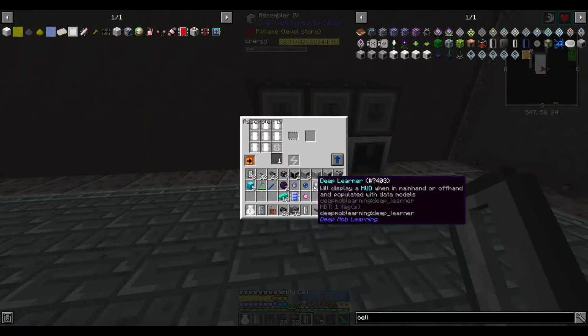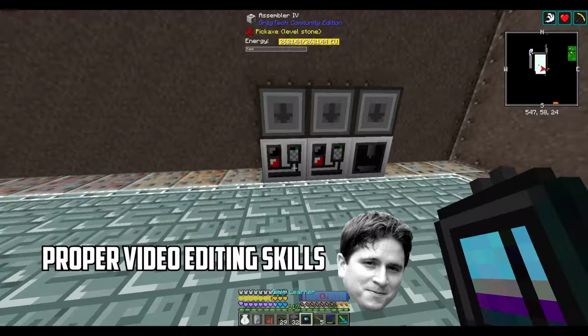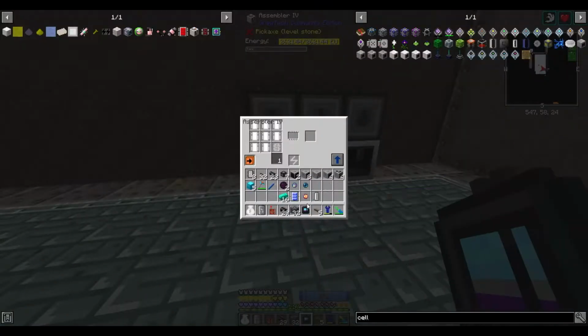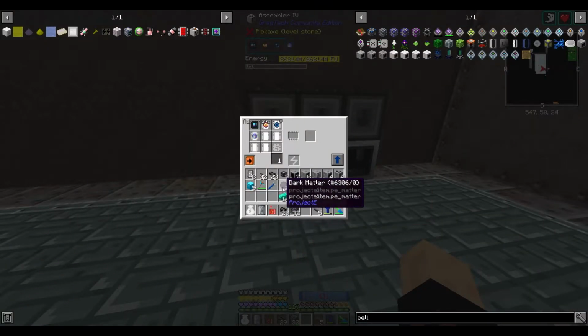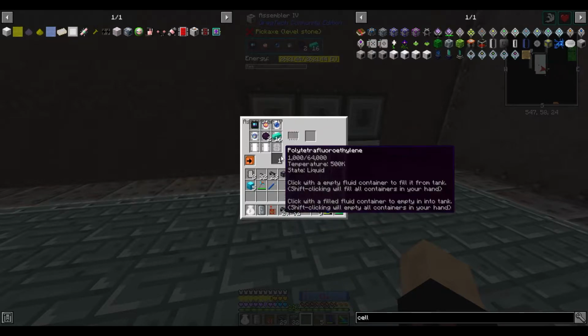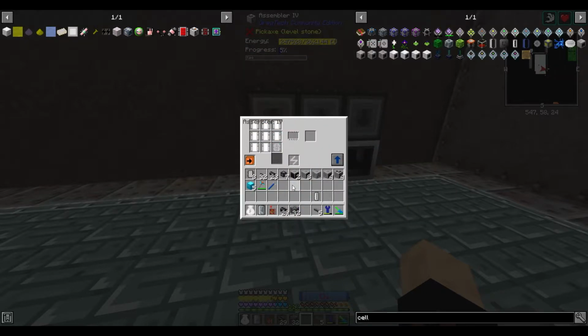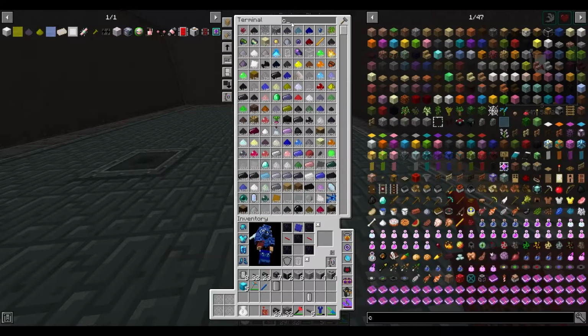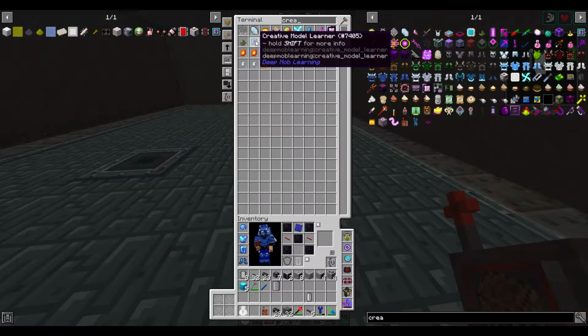Here, and let me make sure this is empty. It is. Okay, nice. Let's throw it all in there, the matter, with infused ingots and a crystal assembly. And it's working. And it's quite fast too. So let's see about that creative item.